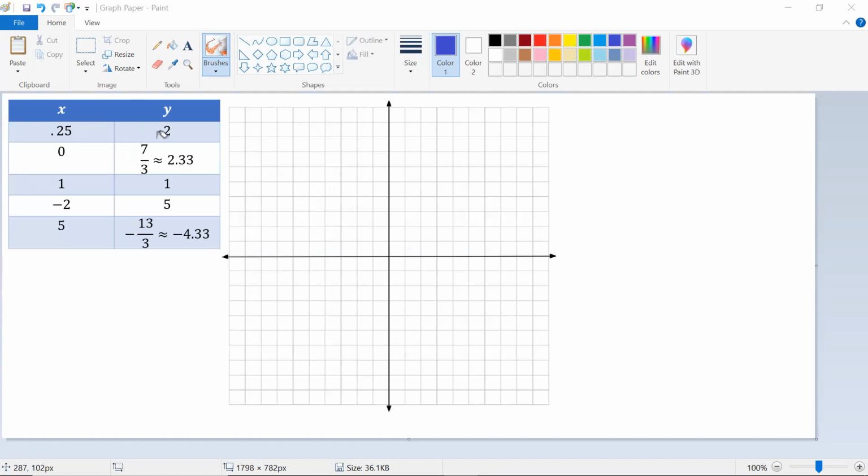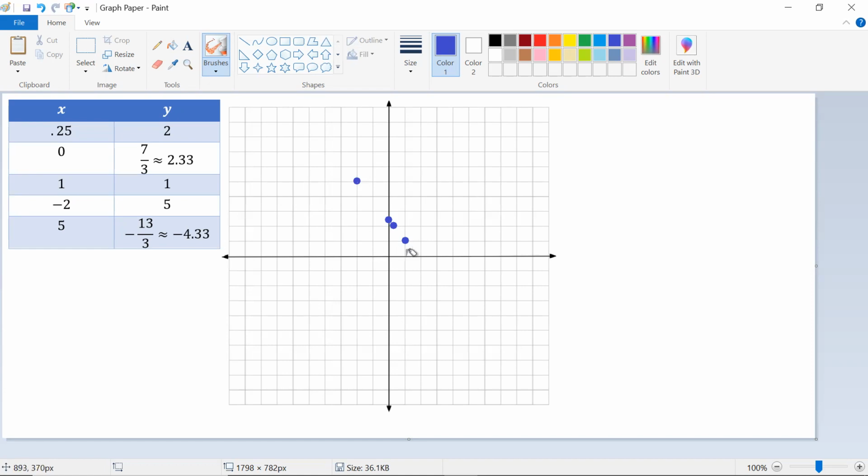So (0.25, 2) as our first point, 0.25 is about right here. (0, 2.33): 2.33 is about here. (1, 1), that's an easy one right there. (-2, 5), I get a point right there.